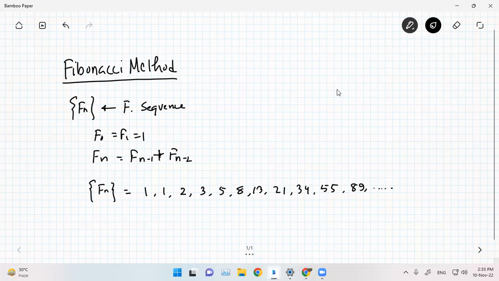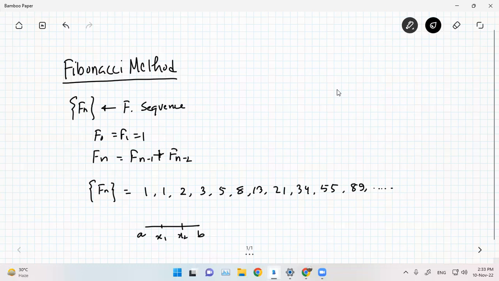So what we are doing, the method of elimination, is basically we're trying to reduce the interval of uncertainty. And for that, so far we have seen that we choose two values. Whatever interval AB is given, out of that we try to find two more values, say x1 and x2.